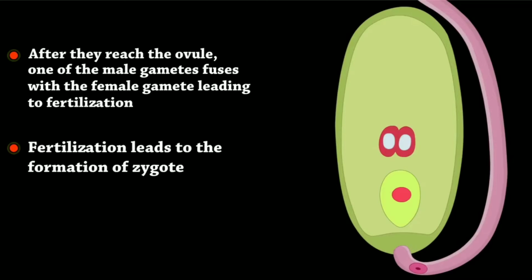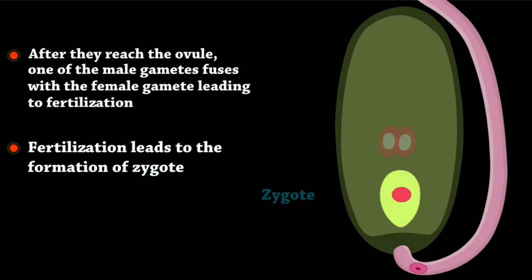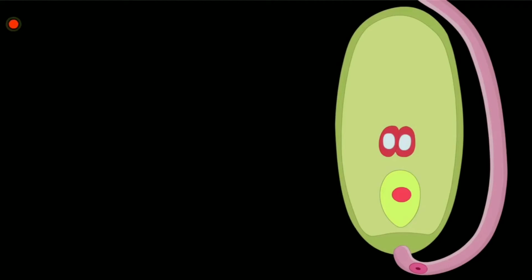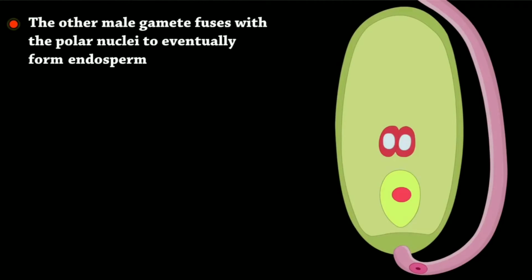Fertilization leads to the formation of the zygote. The other male gamete fuses with the polar nuclei to eventually form endosperm.